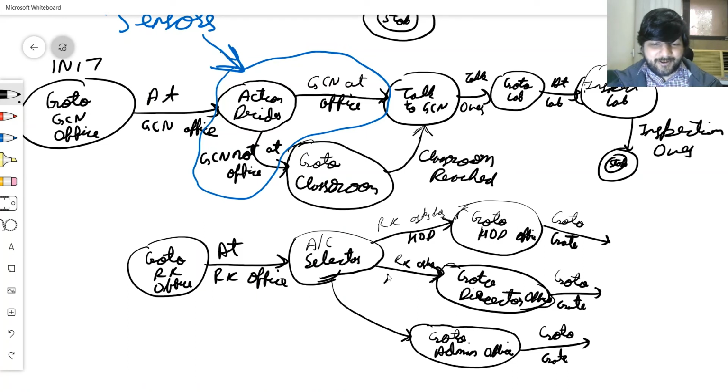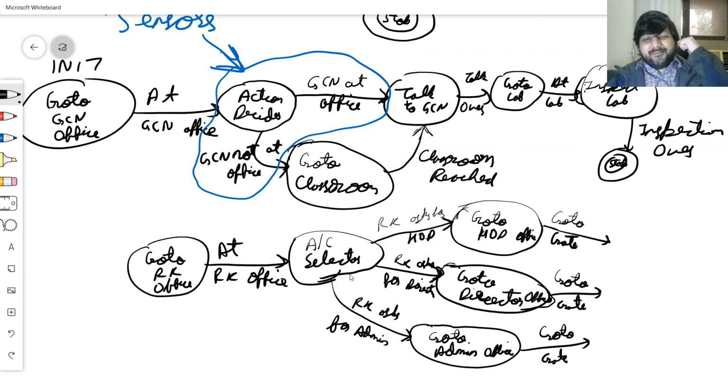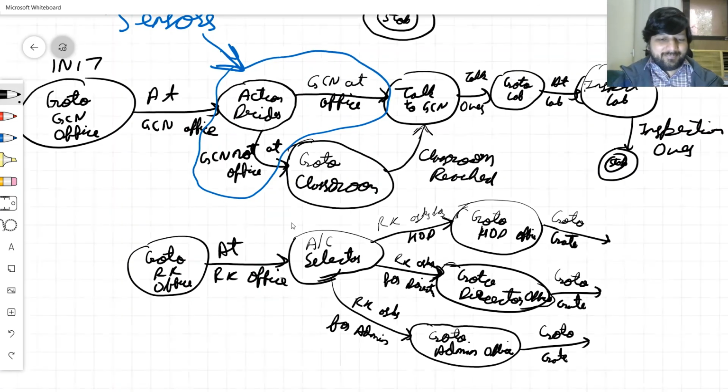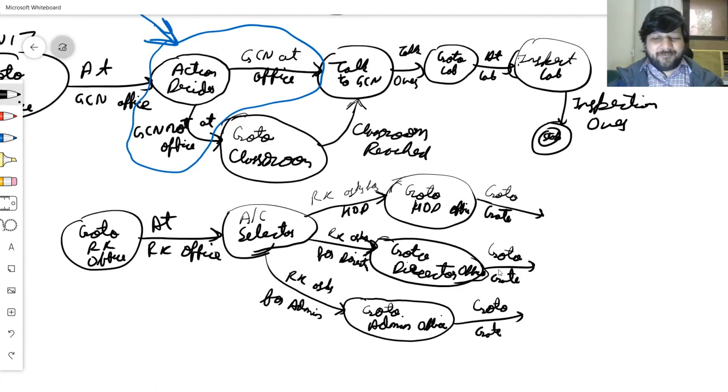RK asks for director, and RK asks for admin. So if it was a robot, it will have a microphone. This will be an HRI module for all the people who work in human-robot interaction. So this control behavior is the HRI, and that's what's a normal life of a peon.